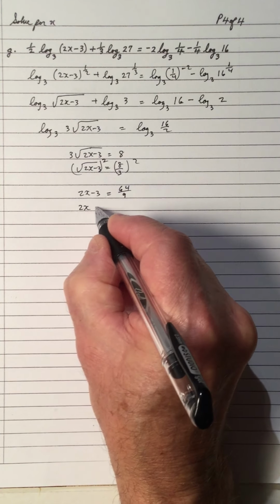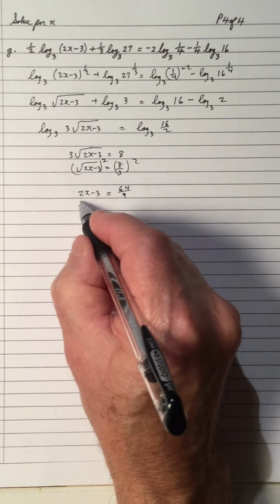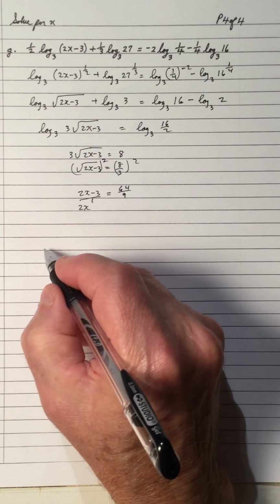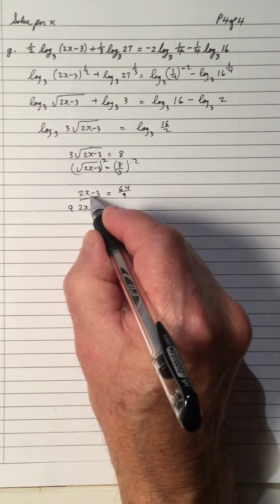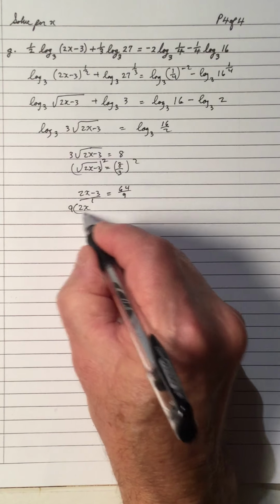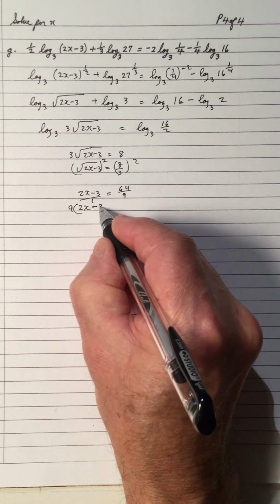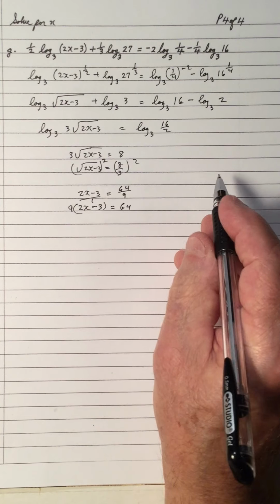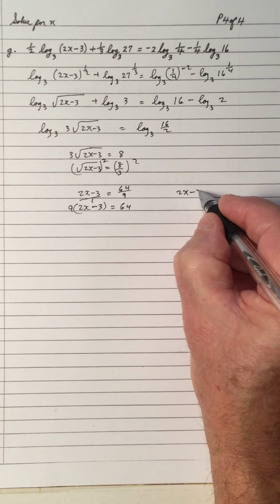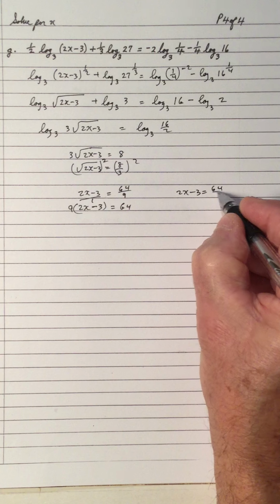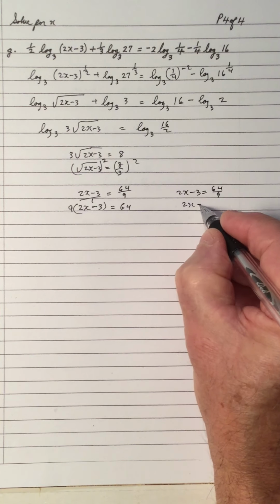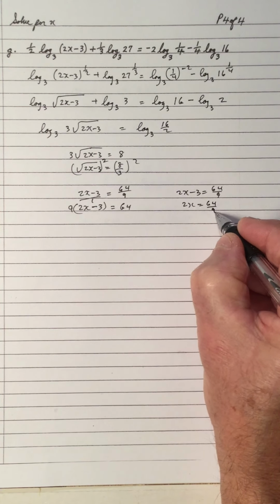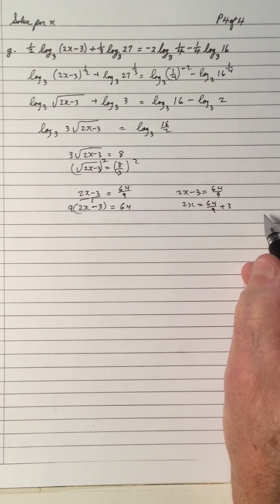Now, I can put it over 1 and cross multiply. So 9 times 2x minus 3 equals 1 times 64, which is 64. I could also do this and go 2x equals 64 over 9 plus 3 and work it out this way.